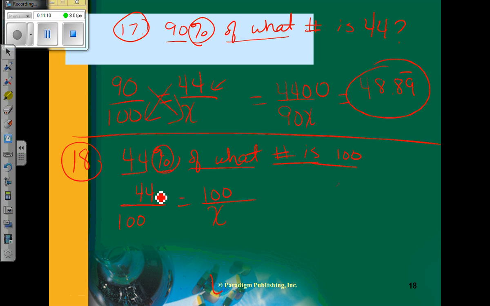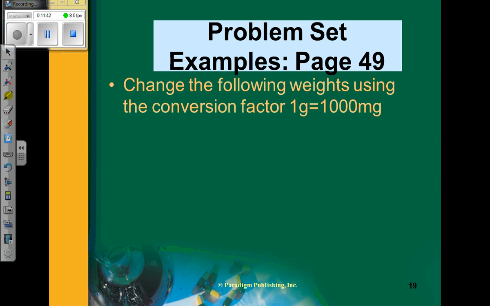So it's x. 44 times x is 44x. Always goes on the bottom. 100 times 100 would be 10,000. Divide 10,000 by 44, it should come out to be 227.27. So there's some examples, but if you go by that little ratio formula that I showed you with the is and the of, the percent, you should be okay. If you're having problems, let me know.